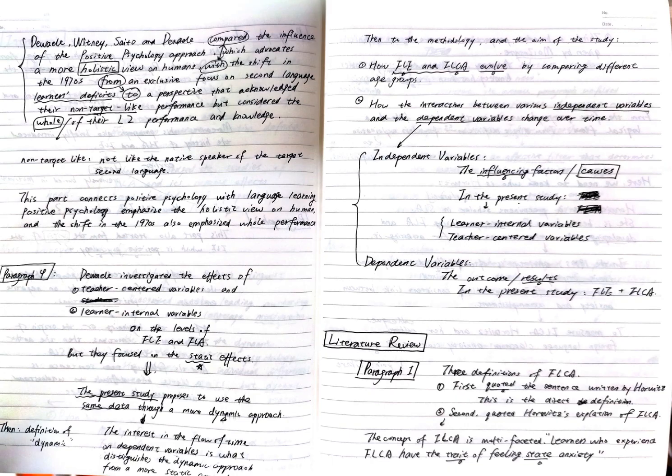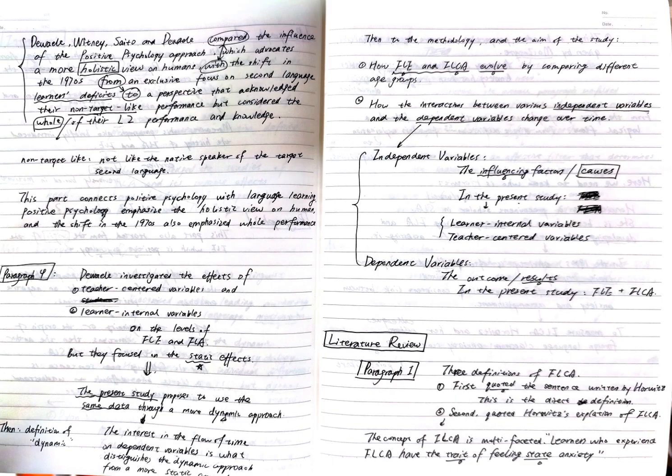So here, from the definition, I think the author has already hinted what they will write about in their following paragraphs. So since anxiety is influenced by different variables, therefore they are eligible to conduct further experiments. So this is not merely a kind of introduction or definition of FLCA, but a kind of theoretical background or theoretical foundation for their following paragraphs.